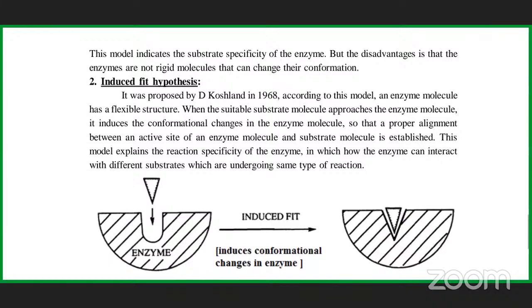Due to the change in conformation of the active site according to your substrate molecule, proper insertion of the substrate into the active site takes place, and you can see a good interaction is established here. So this model explains the reaction specificity of the enzyme, how the enzyme can interact with different substrates which undergo the same type of reactions.